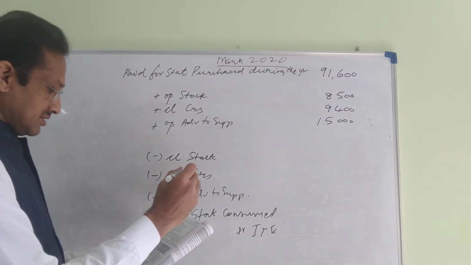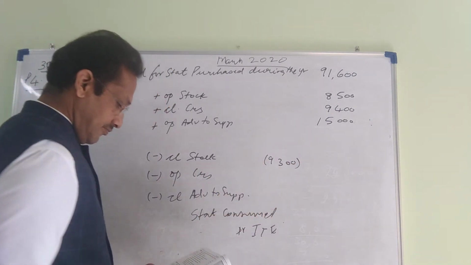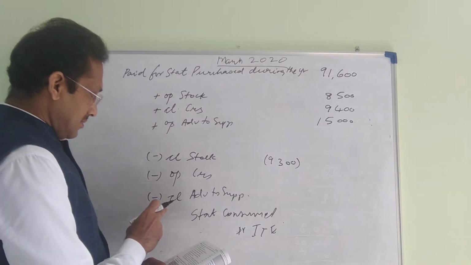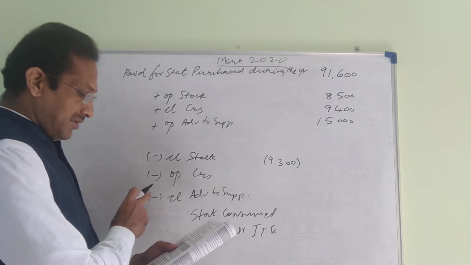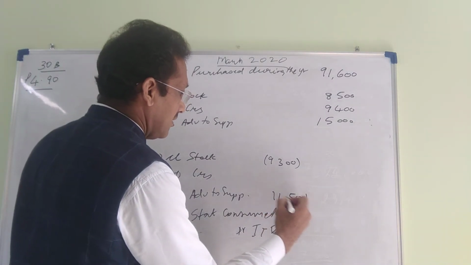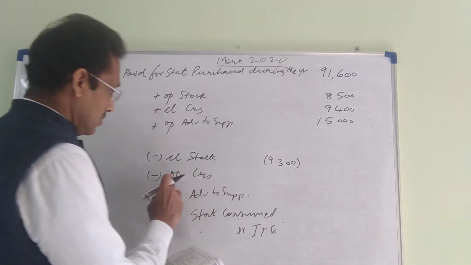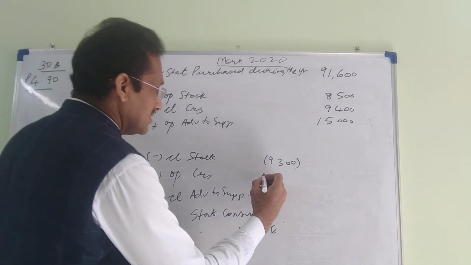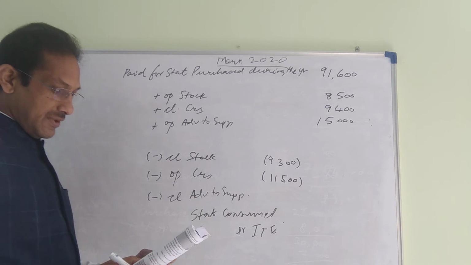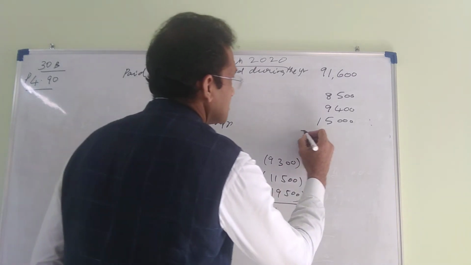So closing stock is 9,300. Opening creditors is 11,500 and closing advance paid is 19,500. So this will be minus.